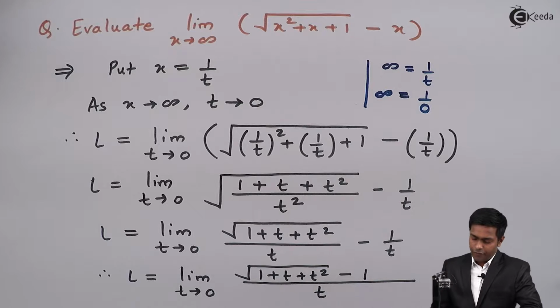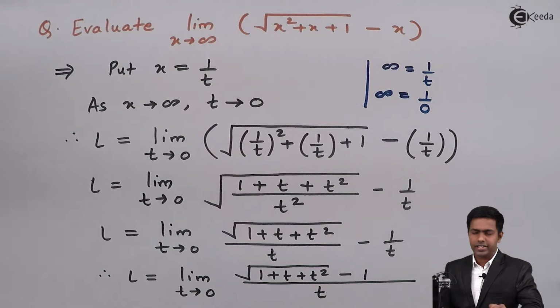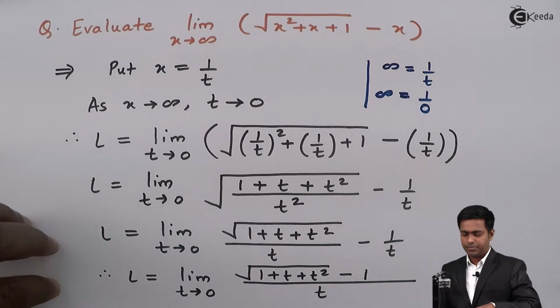Now if you observe here, we got an algebraic function, and now the limit is finite, that is t tends to 0. Whenever we have an algebraic function, we start with the direct method, and if the direct method gives us the value 0 upon 0, then we say the direct method fails and we look for some other method to get the solution. So first of all I will apply the direct method over here.